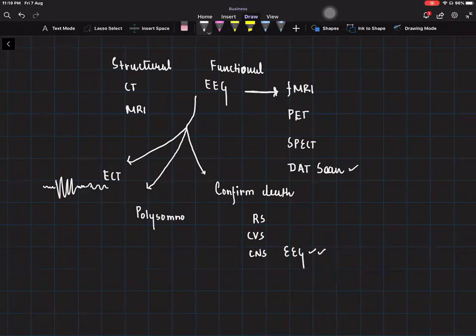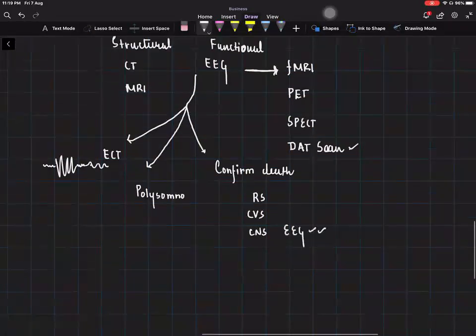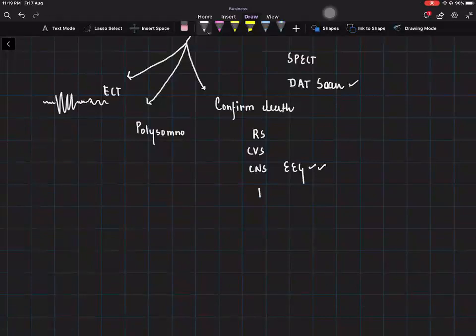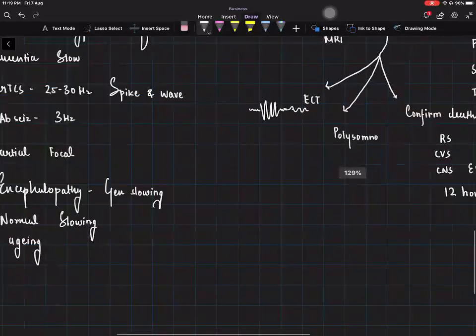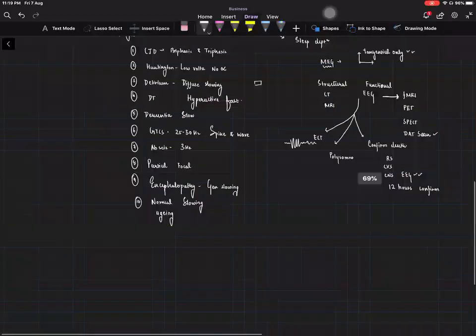If you get a flat line on your EEG, then you can say that this patient is not surviving anymore. That's why they want to take an EEG at least 12 hours apart, and that is used to confirm death. This is an interesting bit of trivia related to EEG.